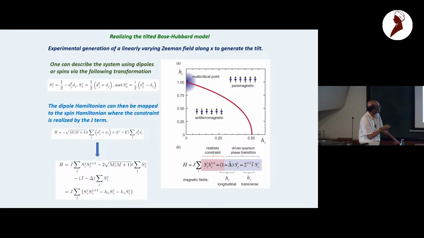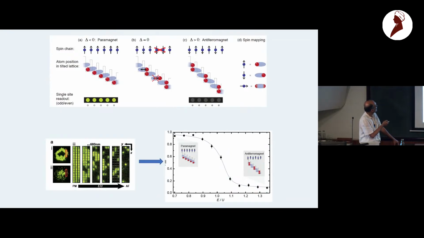So they realized this tilted Bose-Hubbard model, and they mapped this dipole model into some spin language. But let me, without getting into the details of this, just show this. They have this single-site readout scheme where there are situations where you have everything glowing, which means that there are one atoms per site.